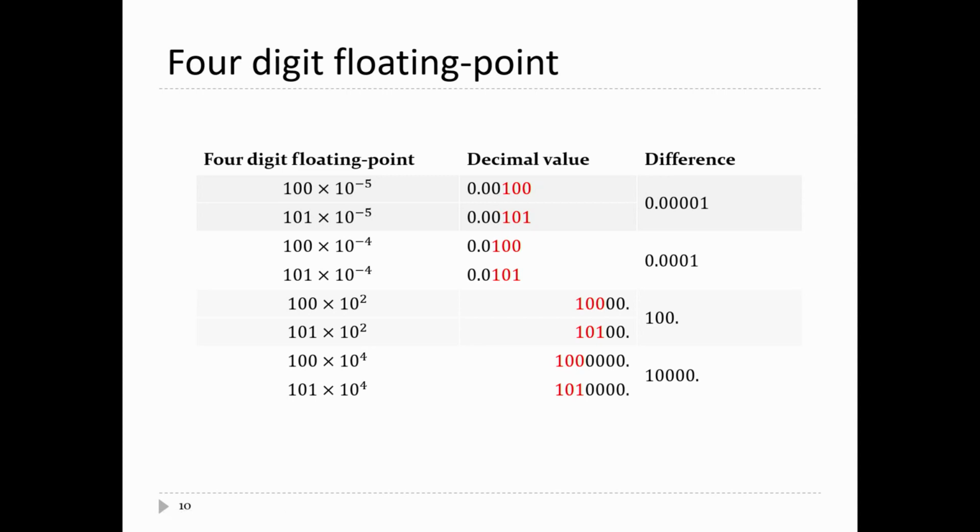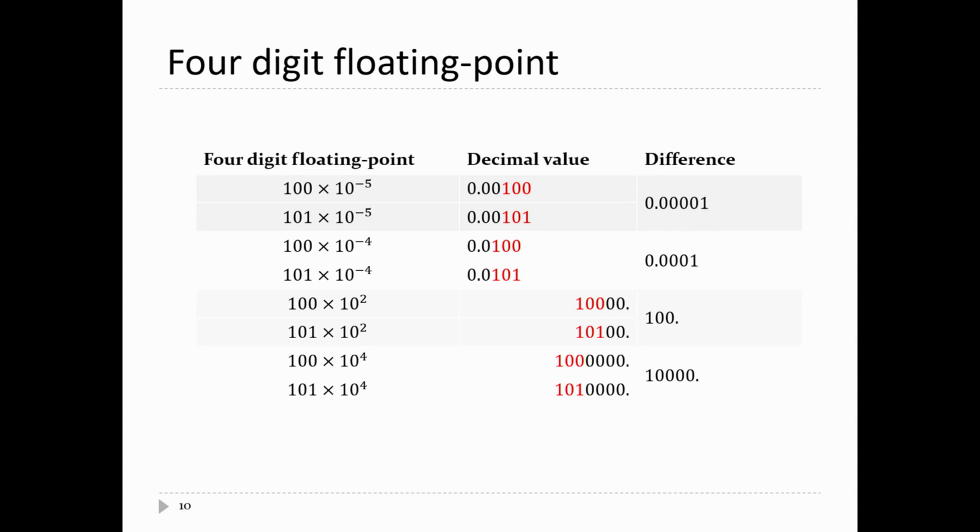And so now you can start to ask other questions. If that's the smallest number, what's the next larger number that I can represent? Well, I can change that 0 to a 1 to get 101 times 10 to the minus 5. And so that gives you the decimal value 0.00101. If I look at the difference between these two values, it's 1 times 10 to the minus 5.